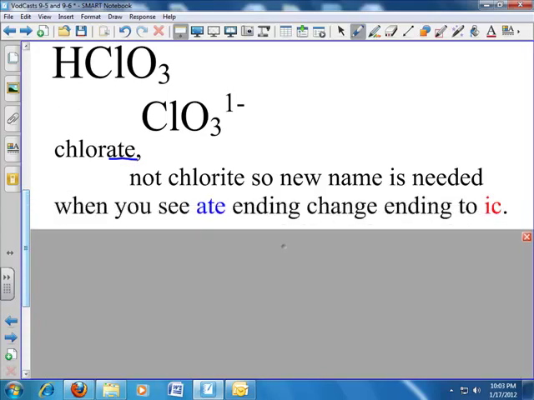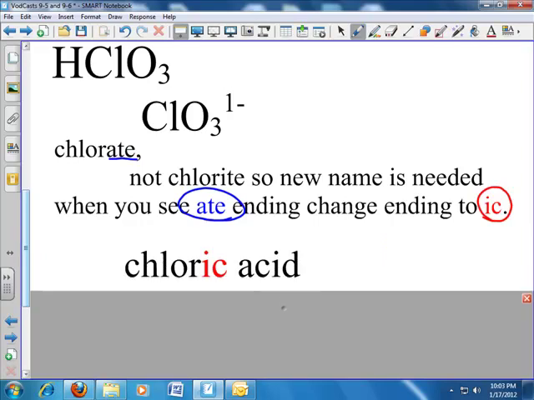When you see ATE as an ending, you're going to add an IC to it. So ATEs are going to become ICs. So this is going to become chloric acid. The chlorate here, we put an IC.